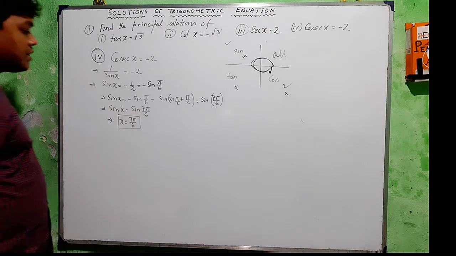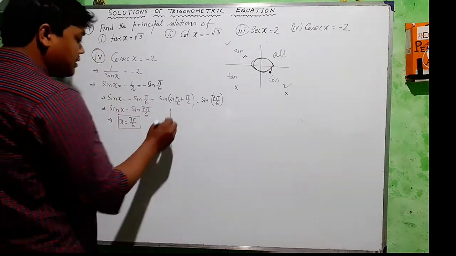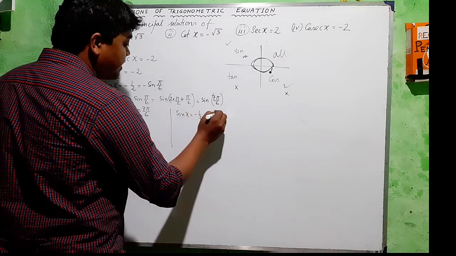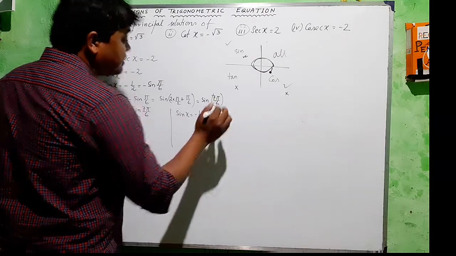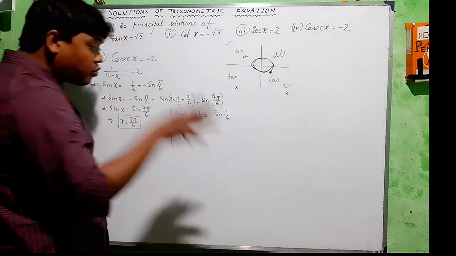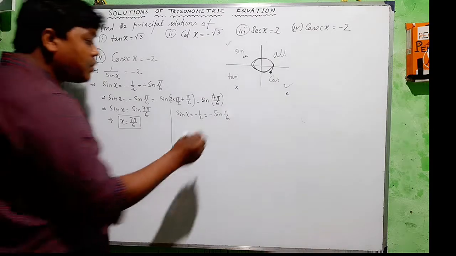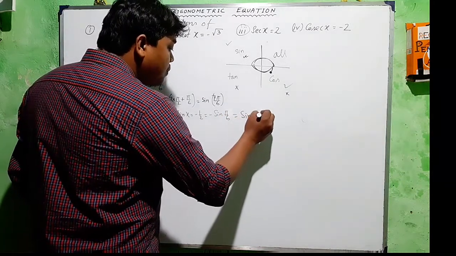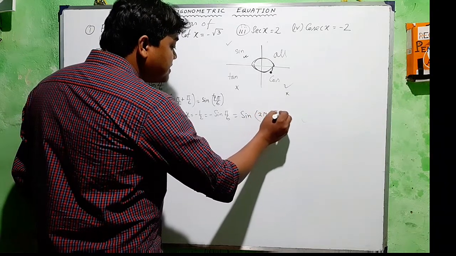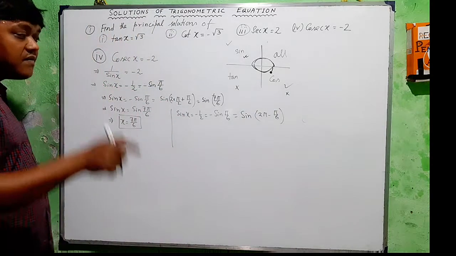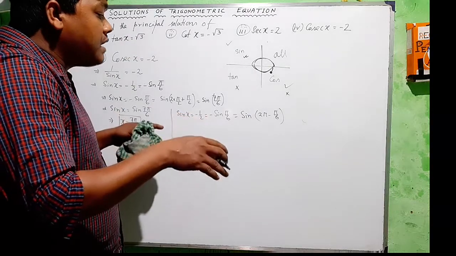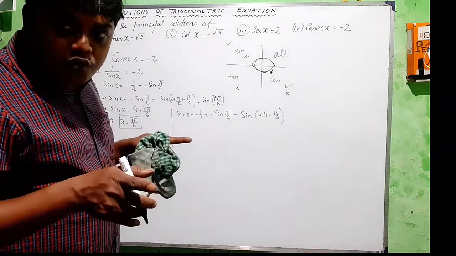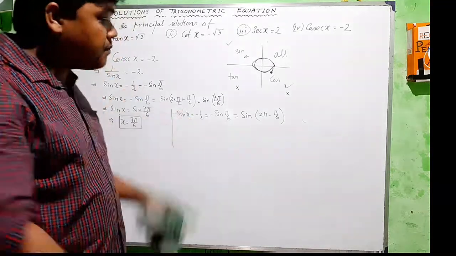The another solution is that sin x, of course minus half, equals minus sin pi by 6. That lies in the fourth quadrant, where sign is also negative. So we can easily write here sin of 2 pi minus pi by 6. Okay, even multiple, so that's why we are getting here sin pi by 6. And since this angle lies in the fourth quadrant, that is minus sin pi by 6.